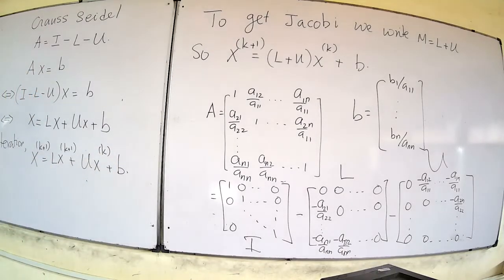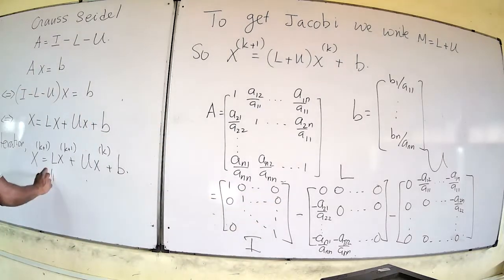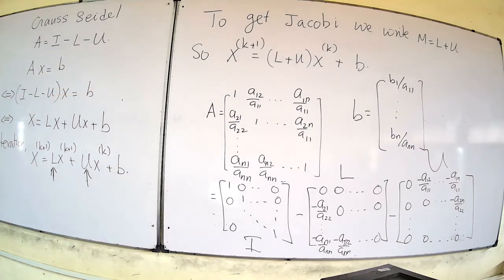In Gauss-Seidel, they still put L plus U, but with L, they update X(k+1) there, because in the lower triangular term, you can always use the immediately computed terms. So they update it. For the same L, U and B, if you put it here, you will get the element-wise representation of Gauss-Seidel iteration.